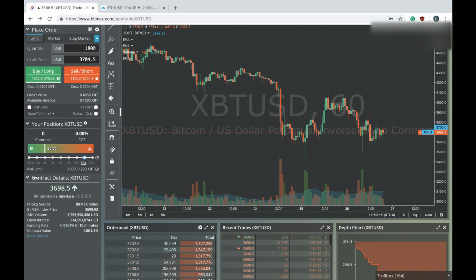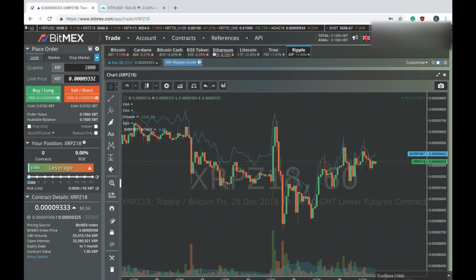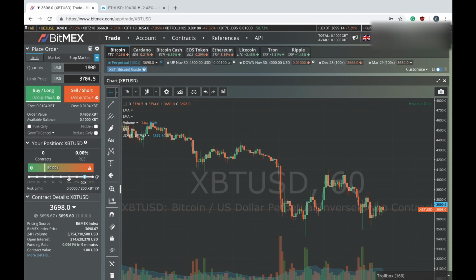Bitmex also offers cross leverage. You can use it. Any coin has cross leverage. That's kind of the standard that it sets it to. But cross leverage basically is that Bitmex uses your full amount of funds to minimize your chance of liquidation.